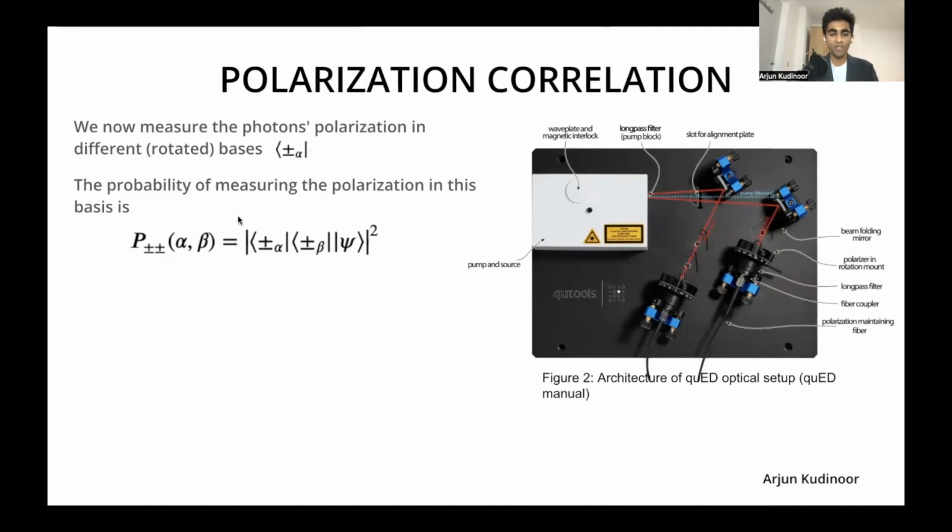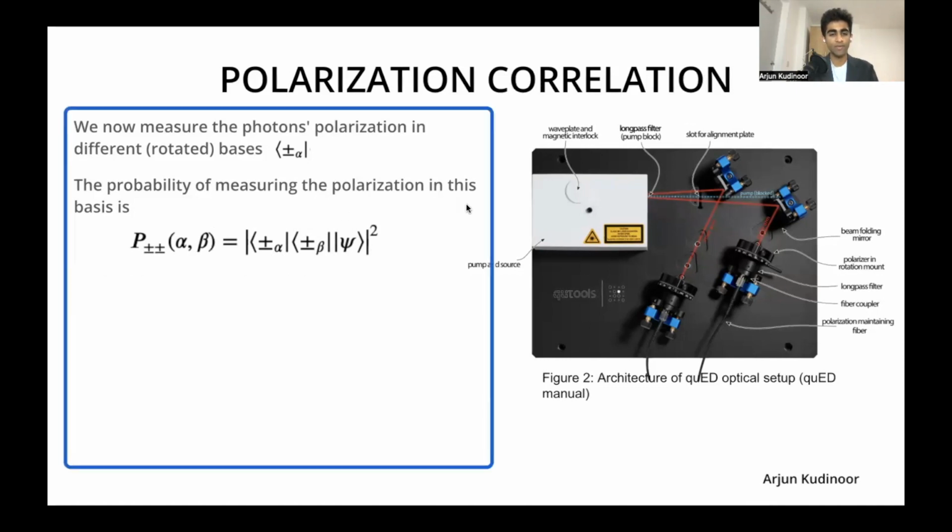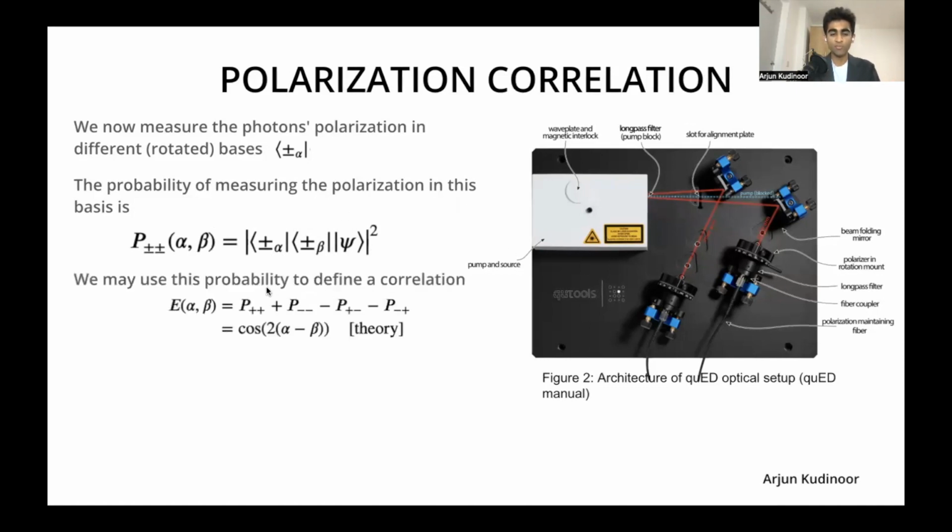So we make measurements in different bases. We have a probability of finding these photons in the plus or the minus state in these rotated bases. And we can use these probabilities to define a correlation. We call it E as such, where we just add probabilities and subtract them for each of these plus or minus polarization states.